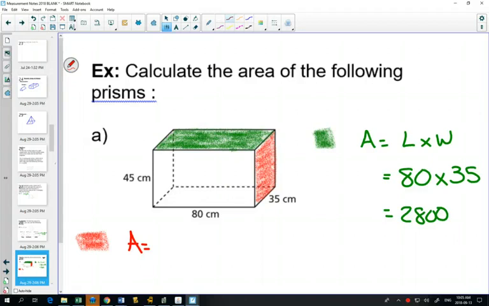Length times width again, because it's a rectangle. Does it matter which one I choose as my length and which one I choose as my width? Nope, because multiplying doesn't matter the order.